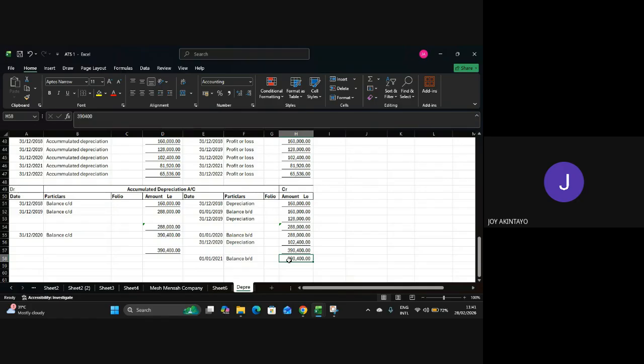What is our depreciation value? Our depreciation value for 2020 is 81,920. Thank you.